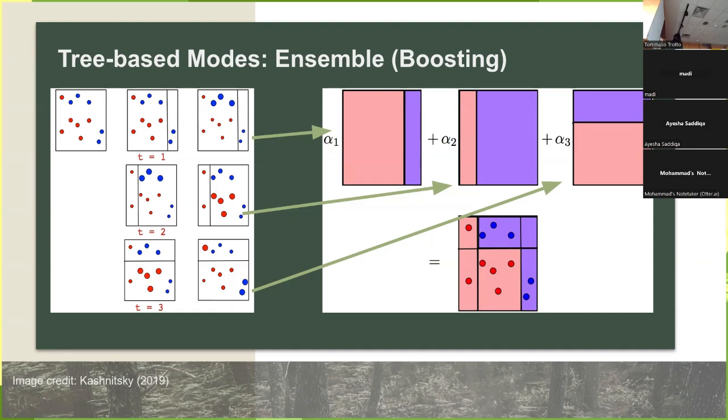Then in the next step, we split again and found it correctly classified 2 circles on the left, but on the right, it has some red circles that are wrongly classified. So we upsample the red observations and go to the next step.